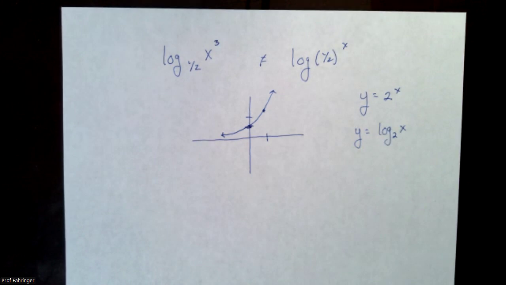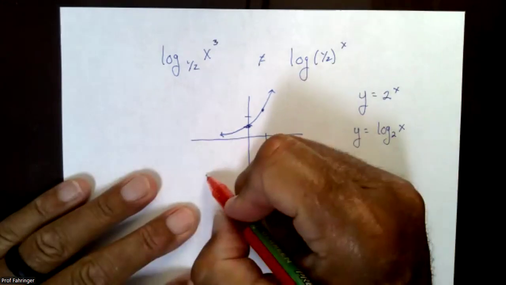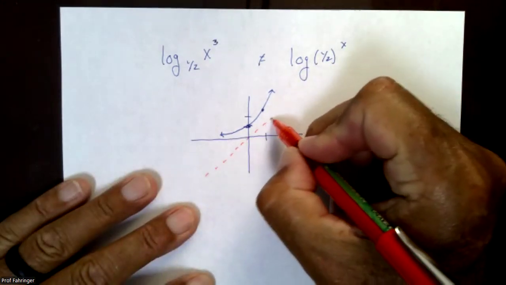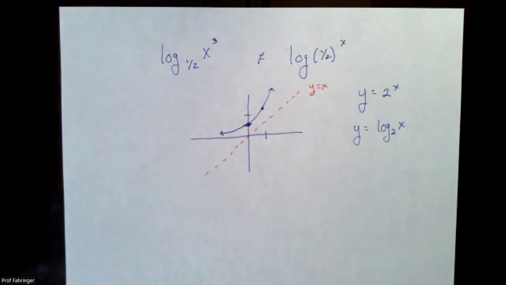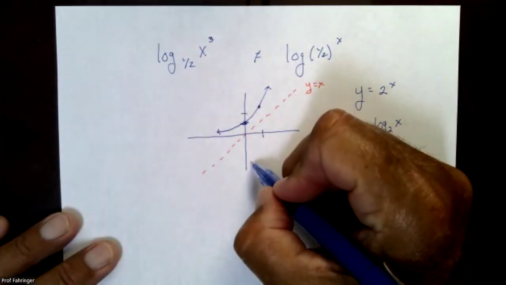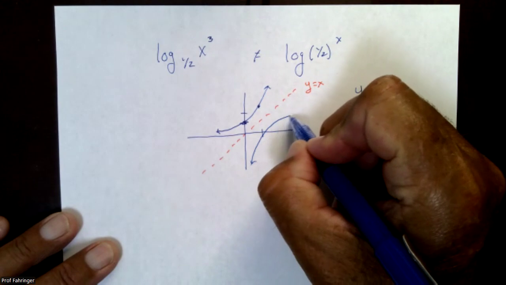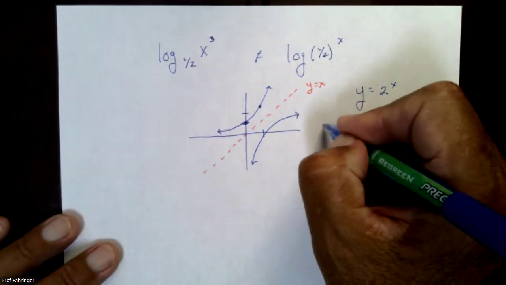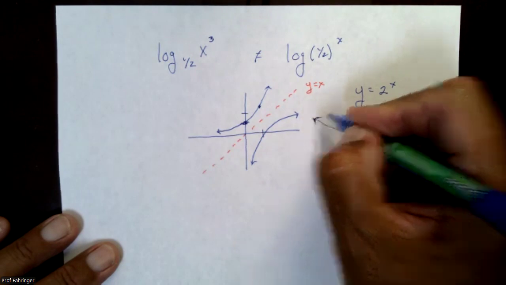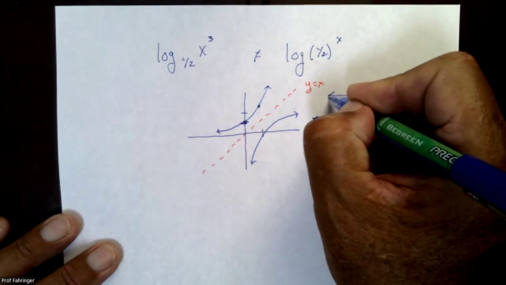Yeah, they're actually inverses. So in that last chapter, when you talked about inverses, you had symmetry over the line y equals x. So if I flipped it, it actually goes like this. So this is what logs look like, this type of shape. This is what exponents look like.